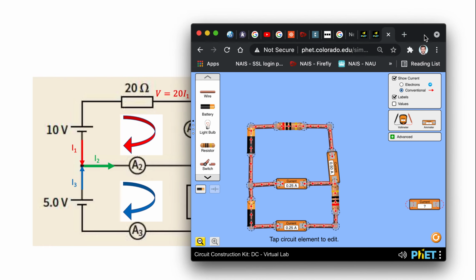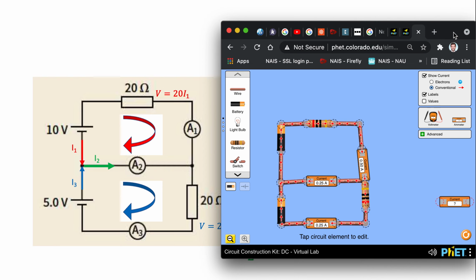Okay, so I guess the point here is this could get very confusing. The way you set up a problem, the way that you think about those values, could be confusing. But as long as you decide on a particular setup and maintain the rules of Kirchhoff's law, you will get numbers that actually make sense.